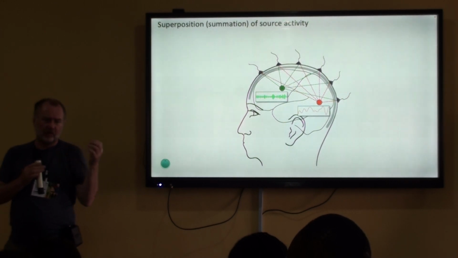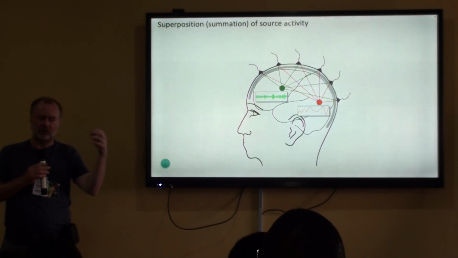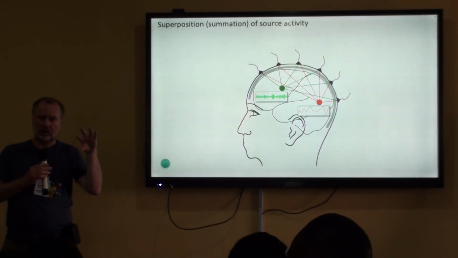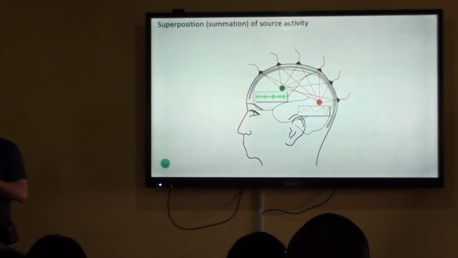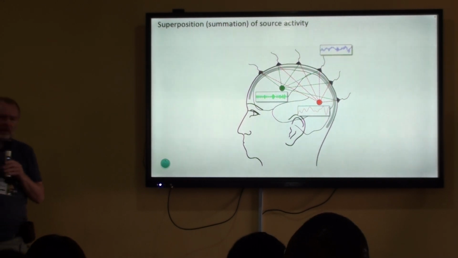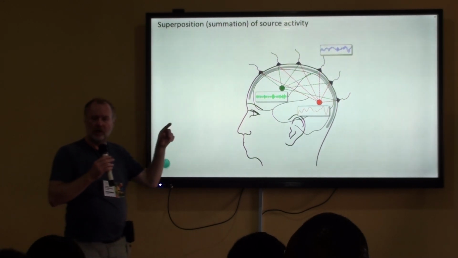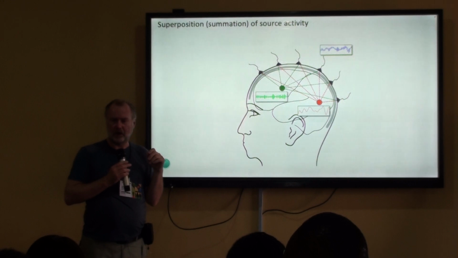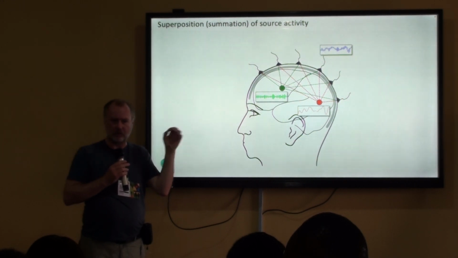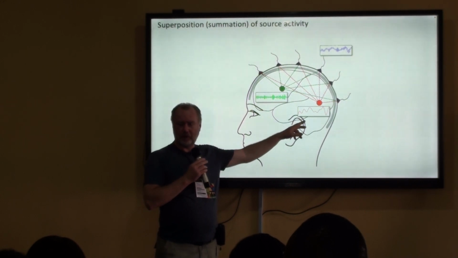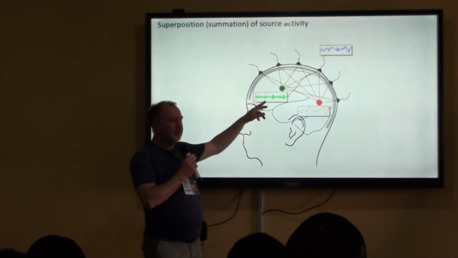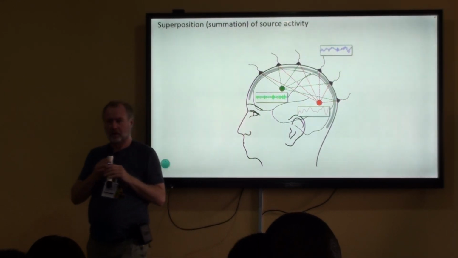So what happens is that these two sources, these two dipoles, both have a potential distribution. These potential distributions add up. This is just a linear superposition. And as a consequence, an electrode that is in between these two sources is going to see both of them, and it's going to see the sum of the activity of these two. So what you can recognize is that it has both the low frequency characteristics of this one and the high frequency characteristics of this one.